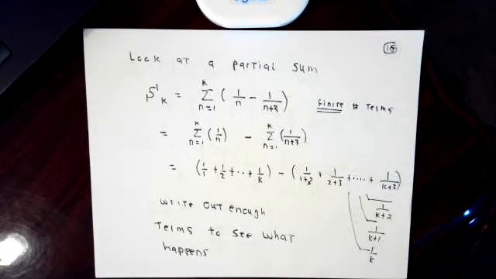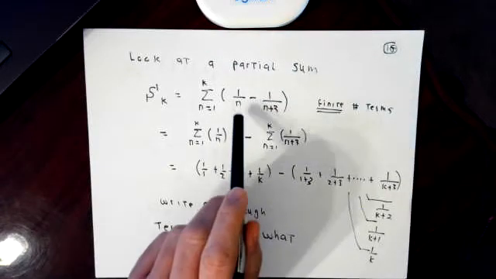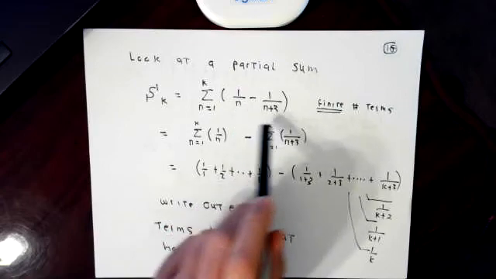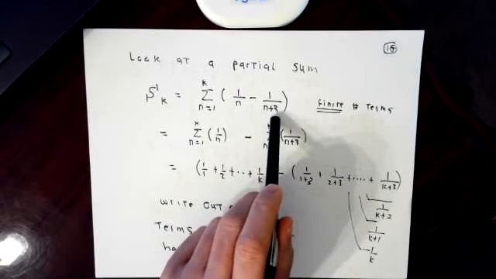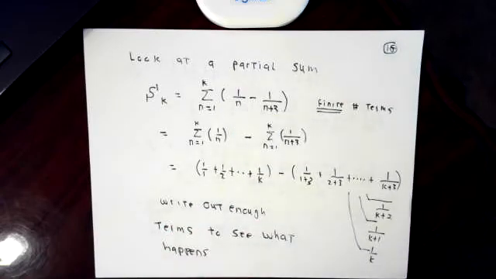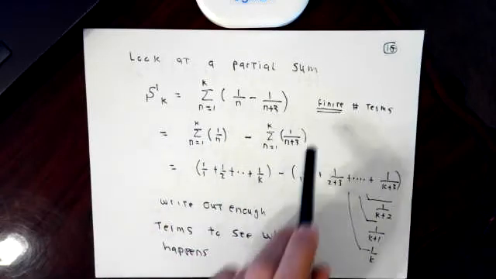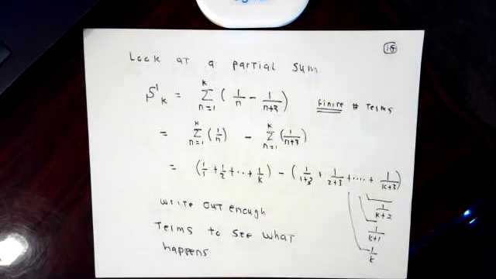I'm going to add up the sum from n equals 1 to k of 1 over n minus 1 over n plus 3. Finite number of terms, I can split that up into these two terms separately, and there's absolutely no ambiguity about the thing.